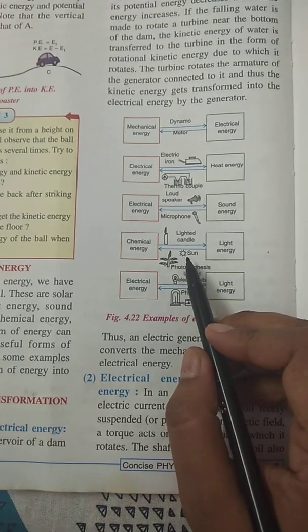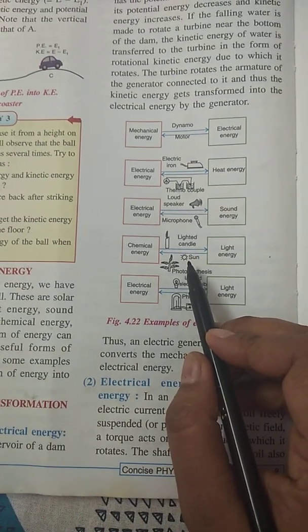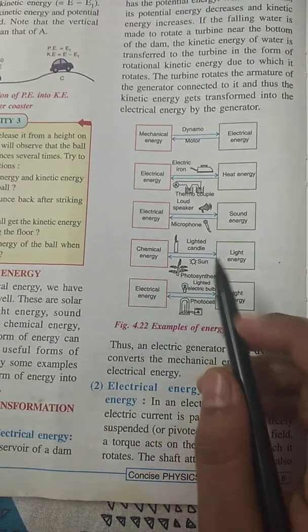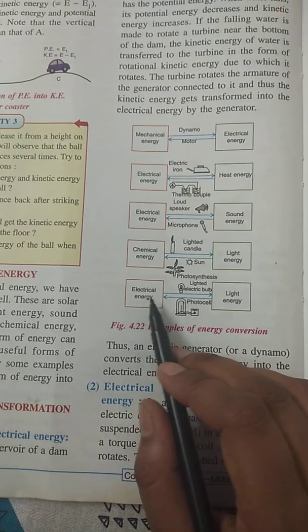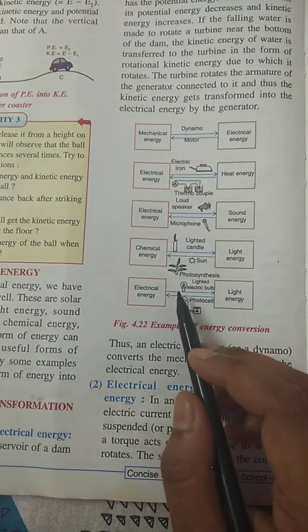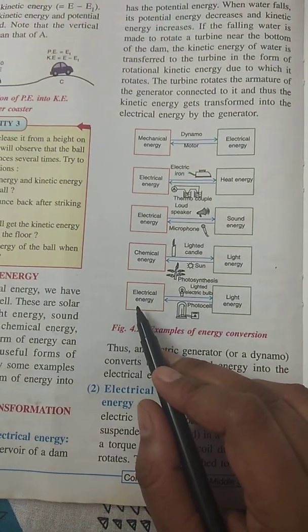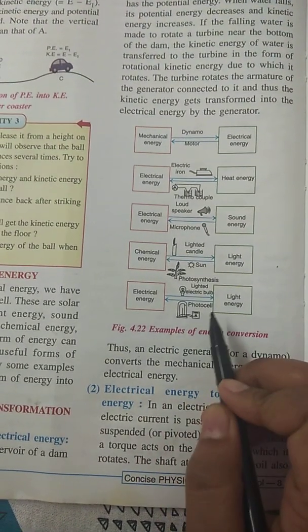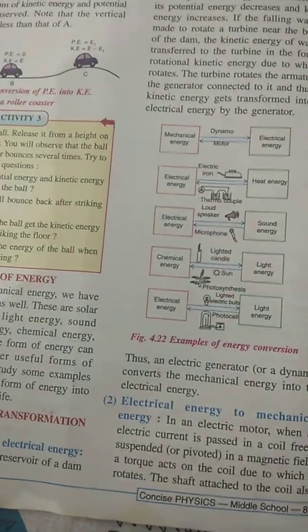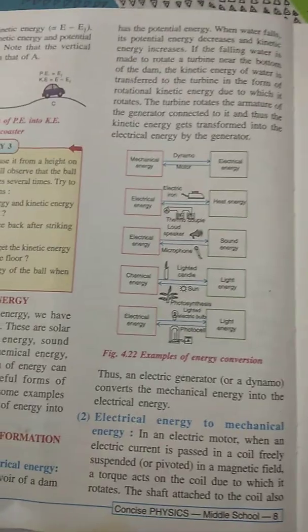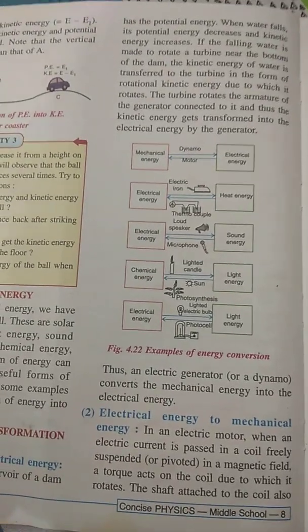We have solar panels, solar cookers, etc. In that condition, light energy is changed to chemical energy. Then we have electrical energy to light energy, an example is the bulb, and when light energy is changed to electrical energy, it is a photocell, or you can say batteries, etc. These are the examples of conversion of energy from one form to another form.